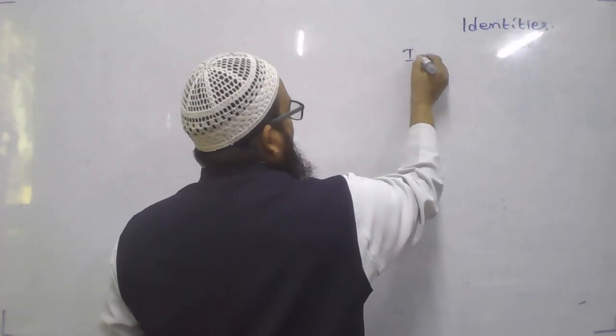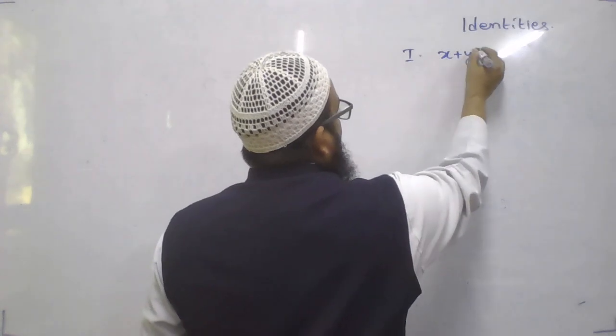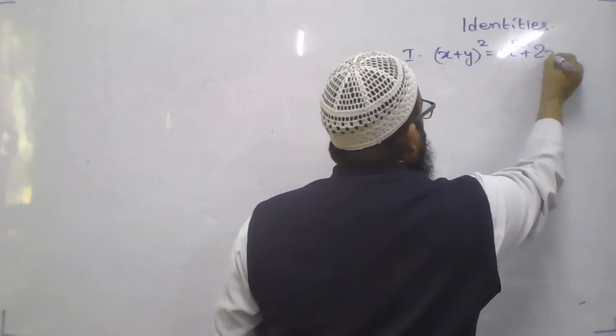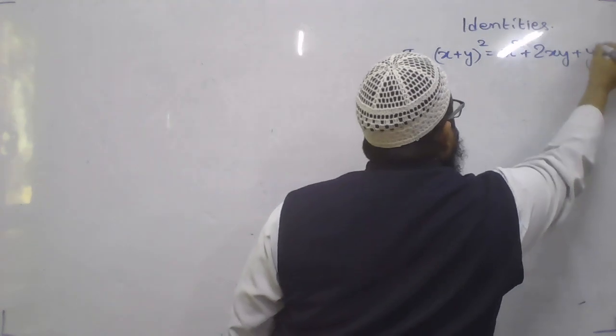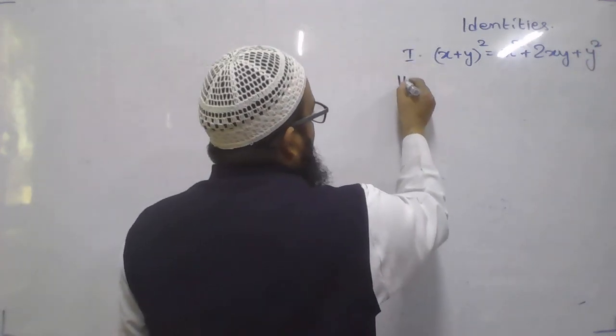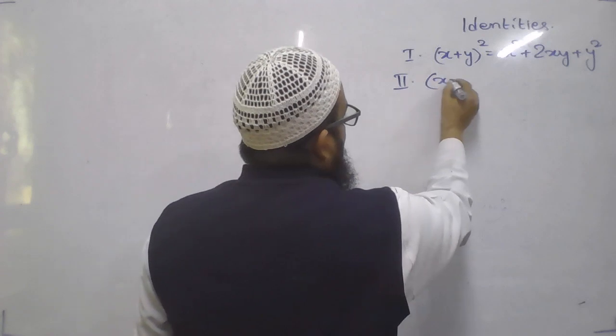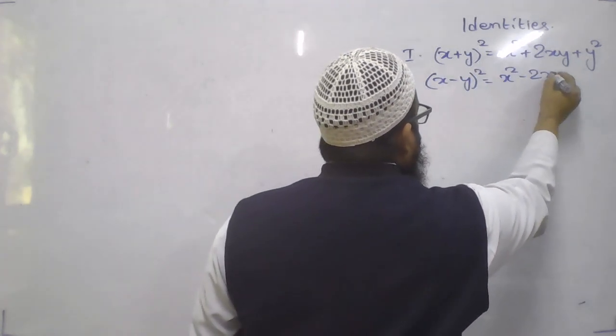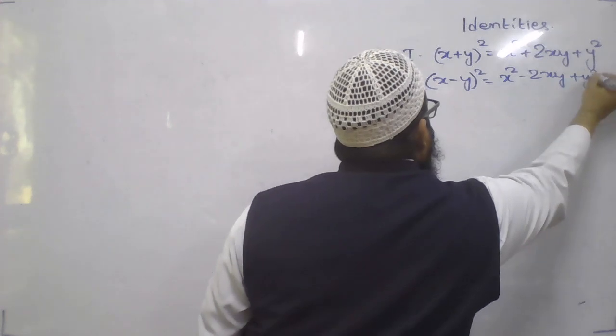Identity number 1 is (x plus y) whole square equals x square plus 2xy plus y square. The second one is (x minus y) whole square equals x square minus 2xy plus y square.